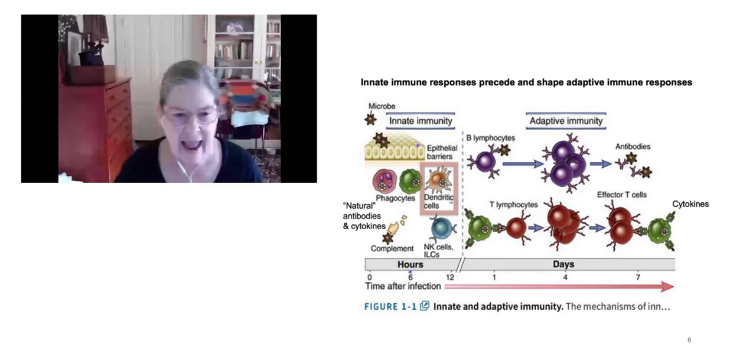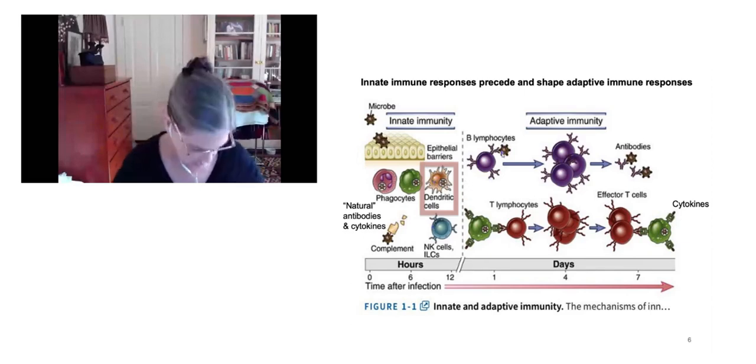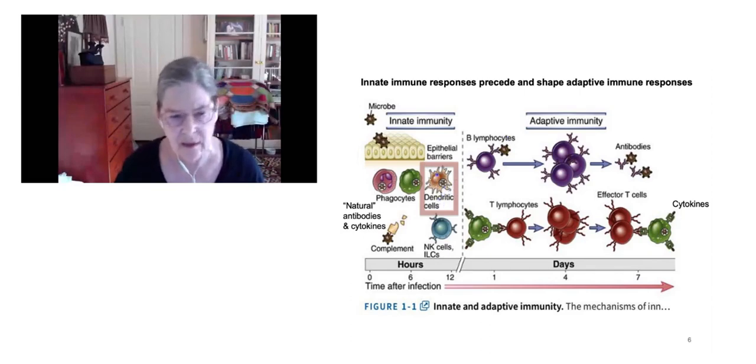And I put a box around this cell called a dendritic cell because they link the innate response to the adaptive immune response. Dendritic cells will pick up microbes, or what we call antigens, and take them to the lymphoid tissues to present them to B cells and T cells, and to initiate their response, which is going to take a lot longer.